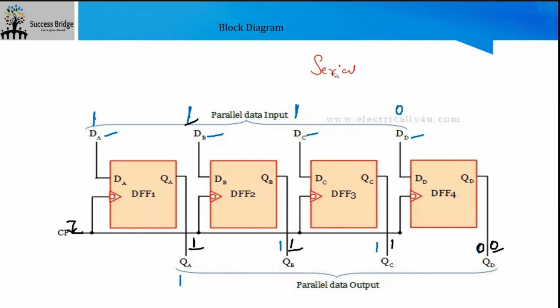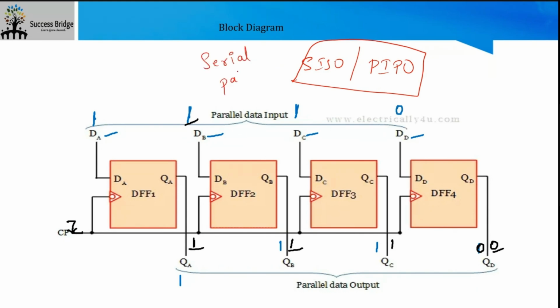I will make it short. SISO, in DFT, I'm telling, PIPO in general. SISO is called serial patterns. And PIPO is called parallel patterns.